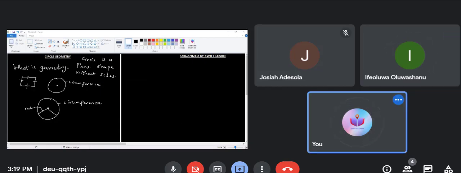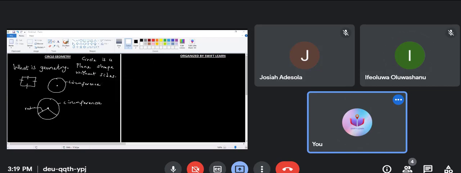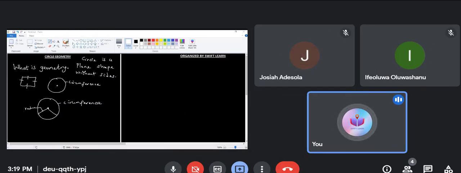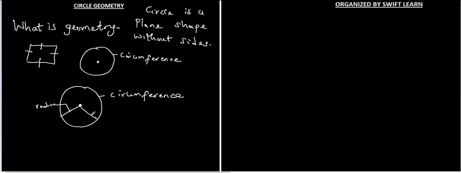Okay, let's move on. As I was saying, when we are talking about a circle, I said we have the radius. A radius is a line that passes from the center to any part of the circumference of a circle.